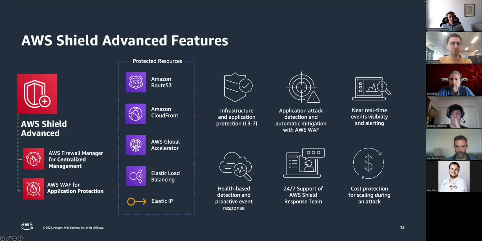And also AWS Shield Advanced subscription includes these following capabilities and options that are not available for Shield Standard customers or with Shield Standard only. Firstly, it would be the enhanced layer 3 and layer 4 protection, a bit more sensitive.